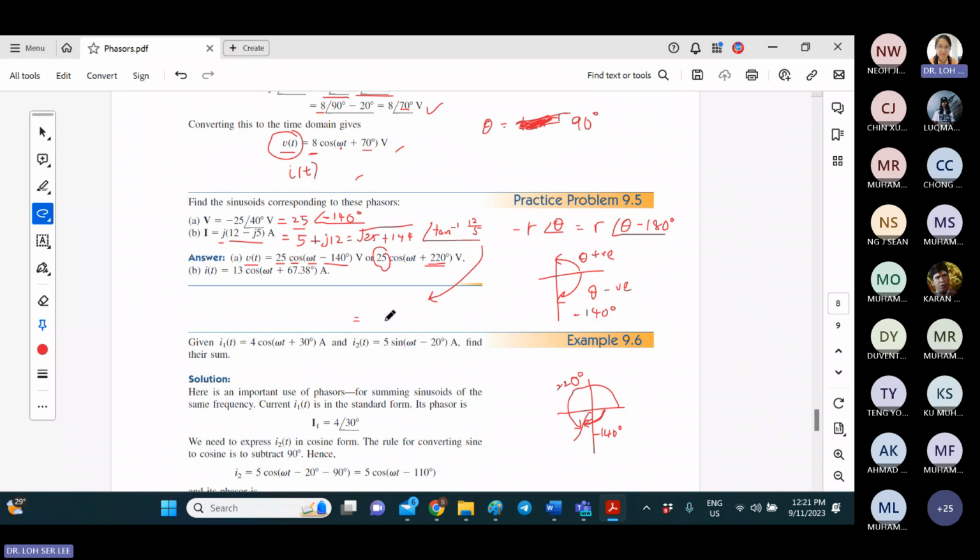So what you get is R is 13, and the degree is 67.38. Okay, so with the R and theta, you can form your time domain. So you have IM as 13, and then cosine function, wt plus the phi.